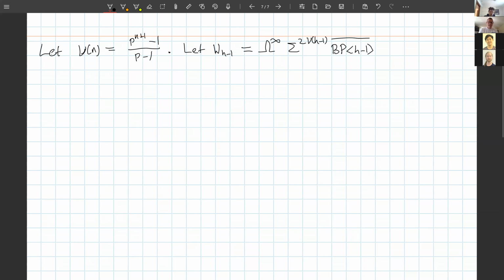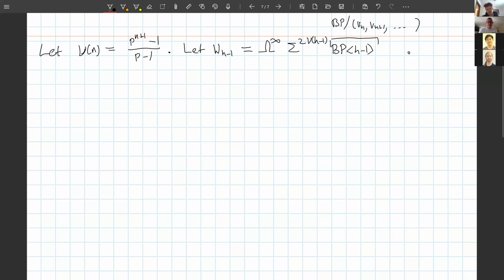This BP<h-1> is BP mod some choice of v_{h+1}, etc. Of course, ideals like (p, v_1, v_2) would be invariant ideals, but (v_{h+1}, etc.) is not an invariant ideal, so you have to pick a choice of it. If you like Hazewinkel generators or some particular type of generators, you can pick those. We don't think it matters too much which you pick.